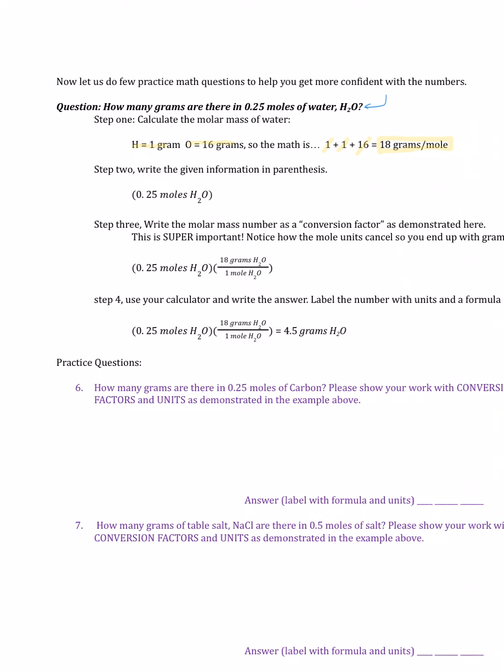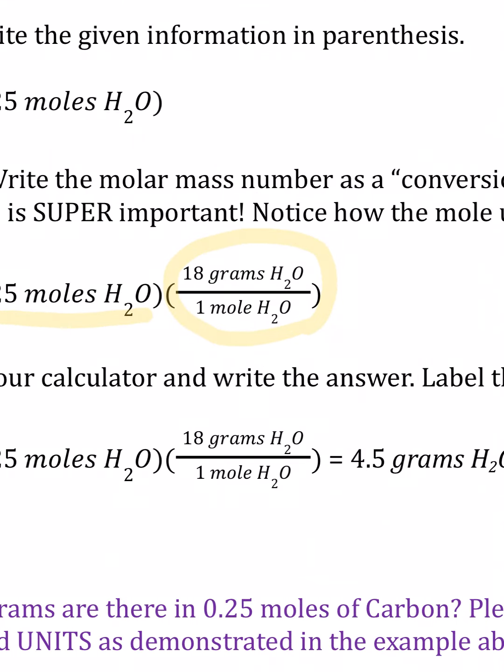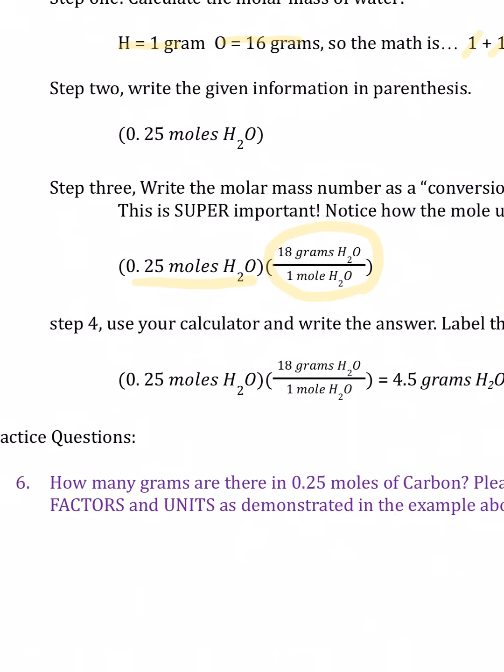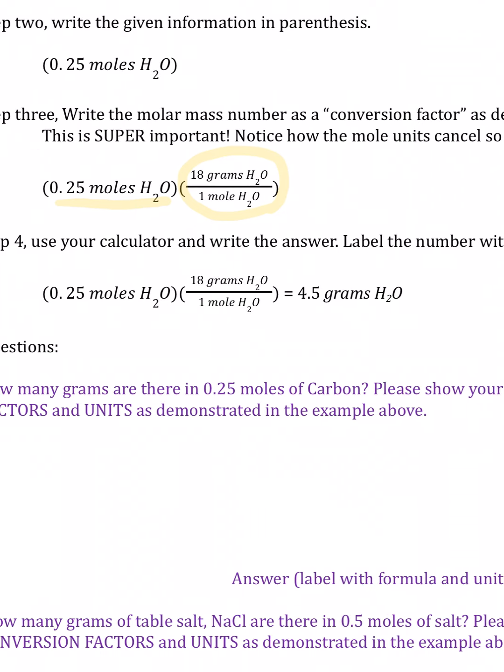If you see here, I've laid out the steps. You take that 0.25 moles of water listed here, and you set up a conversion factor where I say, all right, I know that there are 18 grams of water in 1 mole of water. If I multiply that conversion factor times the number of moles of water, I'll get my answer.